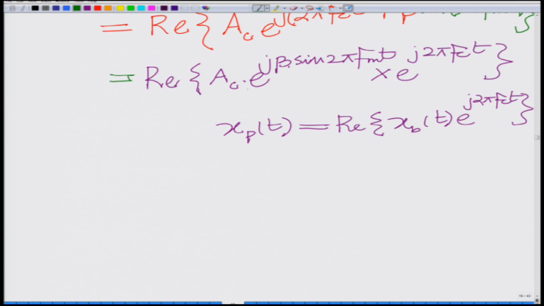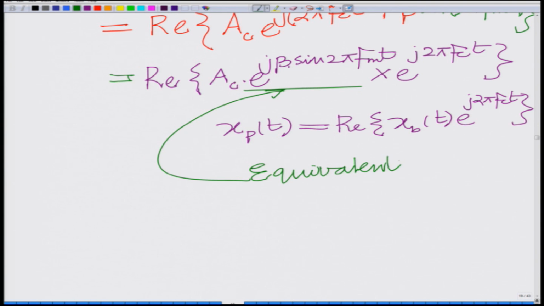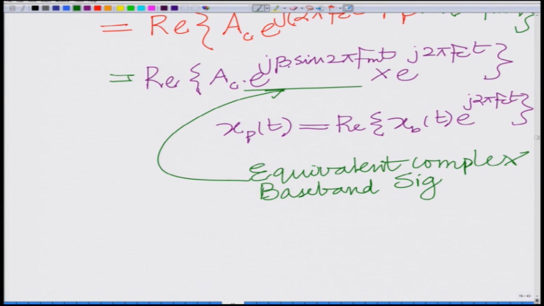This is the equivalent complex baseband signal of the FM signal, okay.